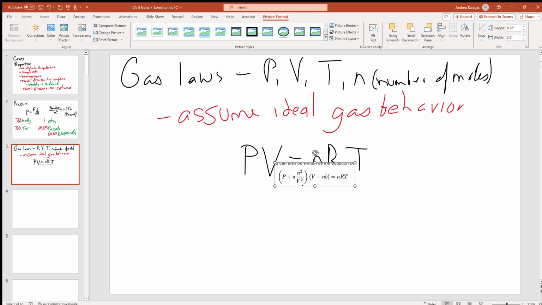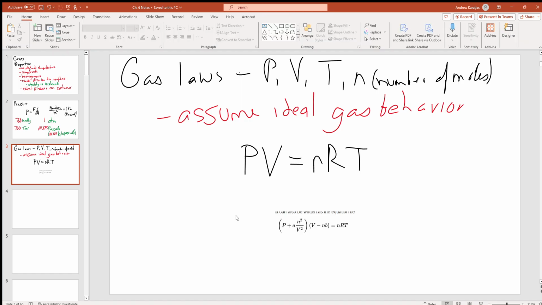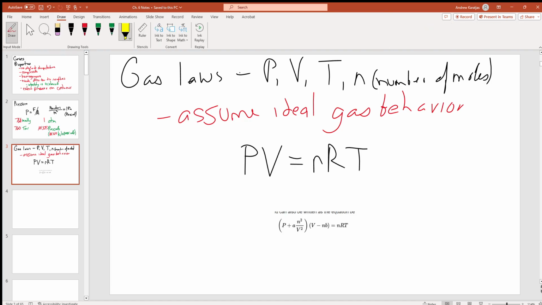Now this equation here that I've just put up is known as the van der Waals equation. And this is kind of more of a real life situation. You can see that the right side of the equation matches the number of moles times R, which is a constant, times the temperature.